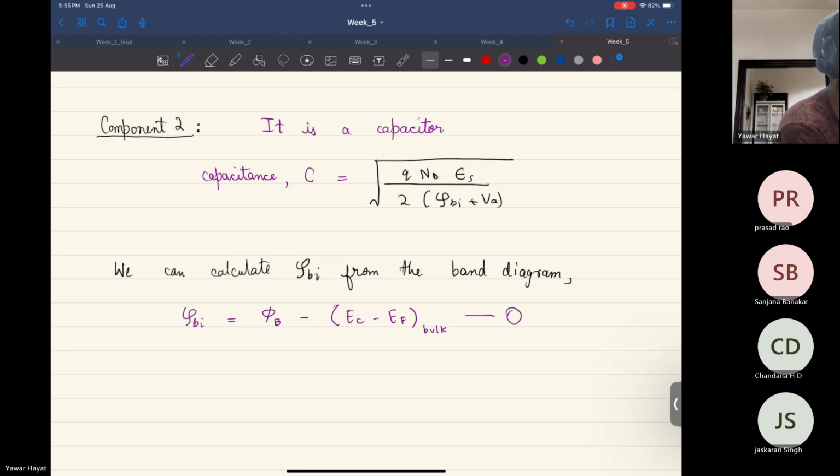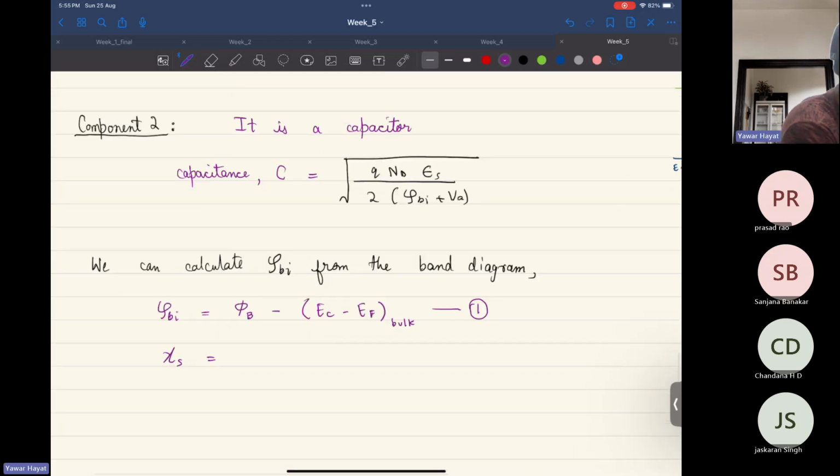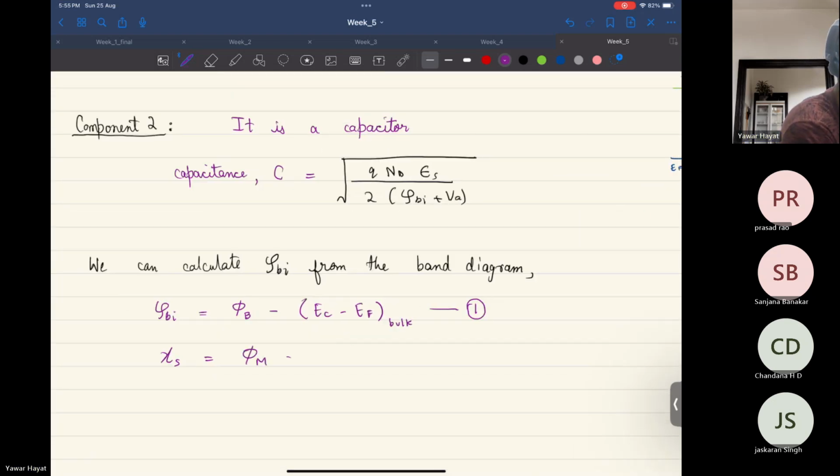Your chi s is equal to your phi m minus phi B. That is your phi s minus EC minus EF bulk.